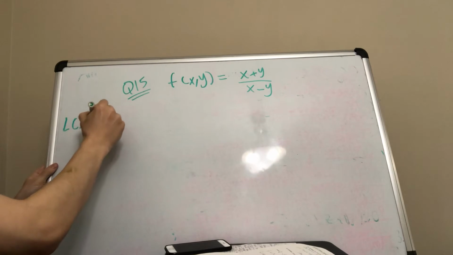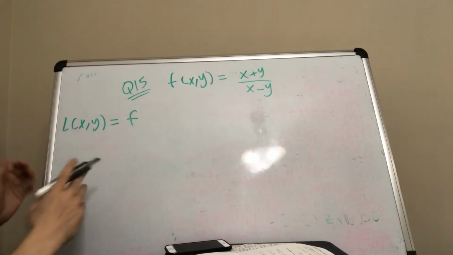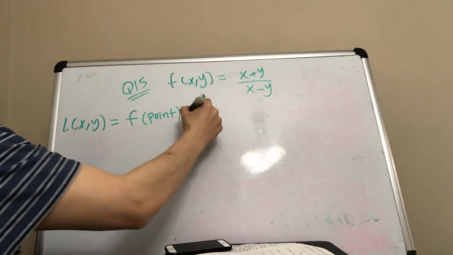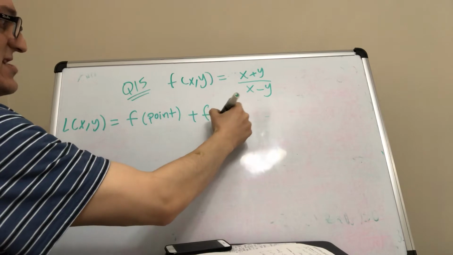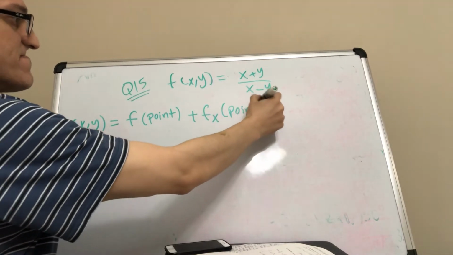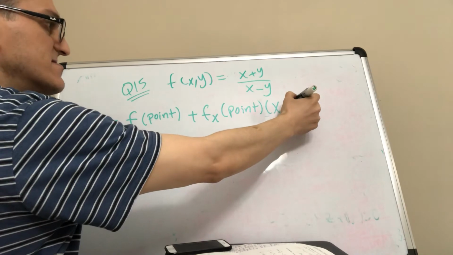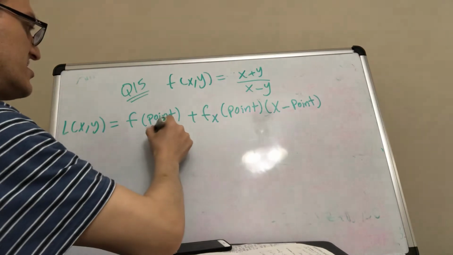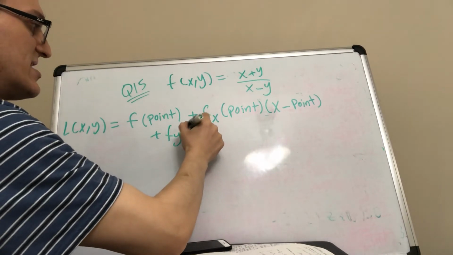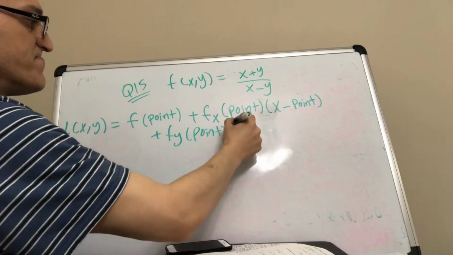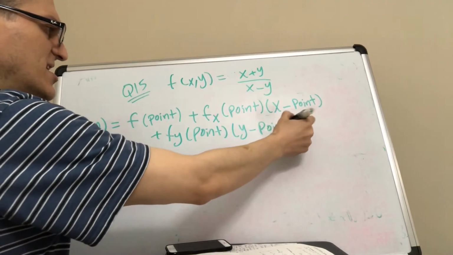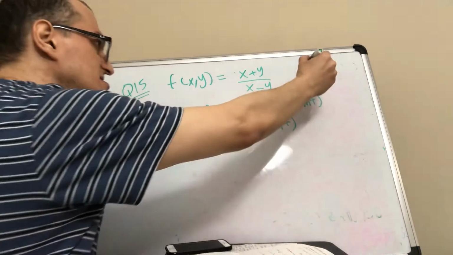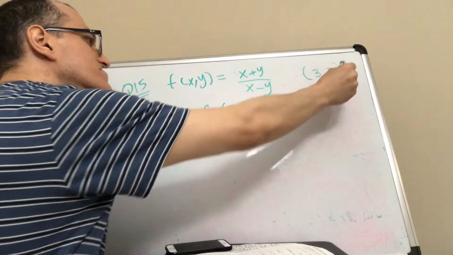Linear approximation of x, y would be f at the point, plus the derivative with respect to x at the point times x minus the x of the point, plus the derivative with respect to y at the point times y minus the y of the point. I'll tell you what I mean. First of all, this is the function, and the point is (3, 2).